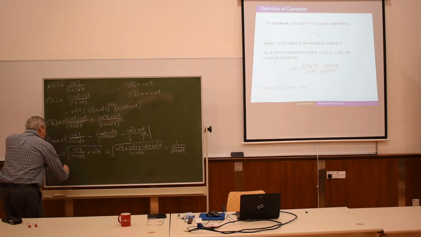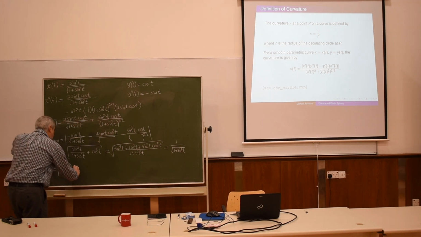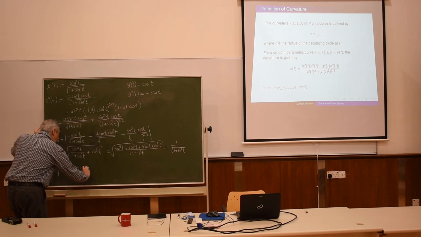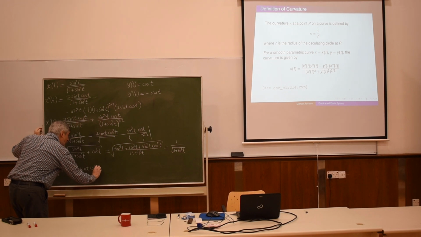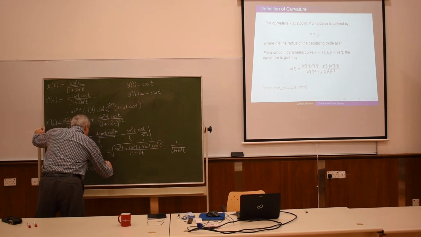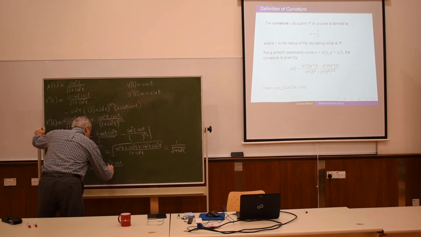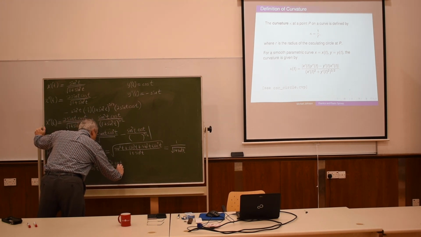It'll be sine cubed t plus 2 sine t cosine squared t plus sine cubed t cosine t, divided by 1 plus sine squared t.